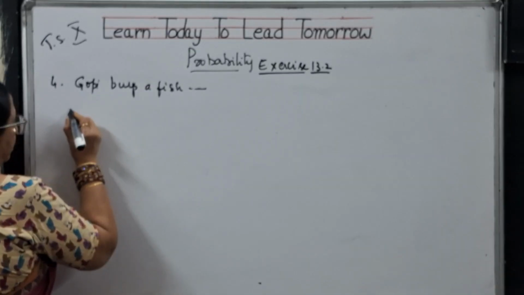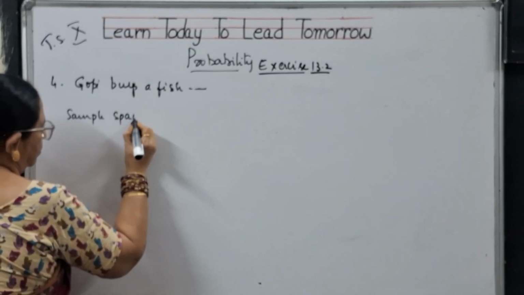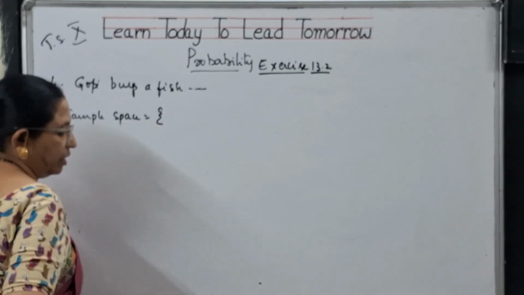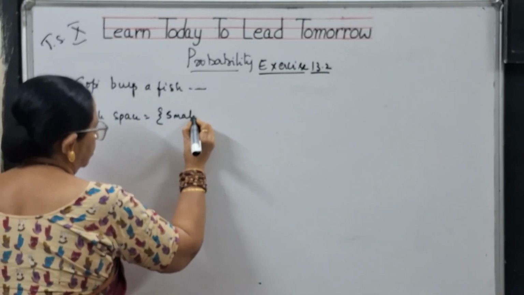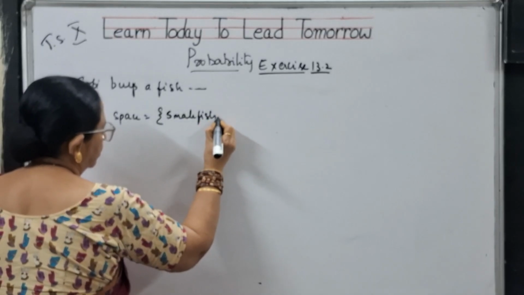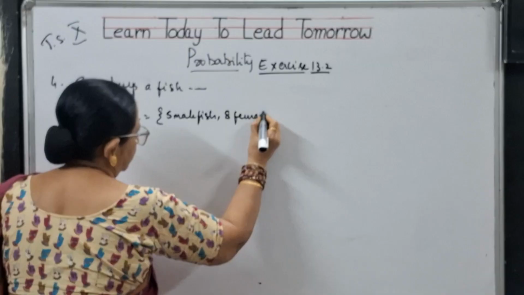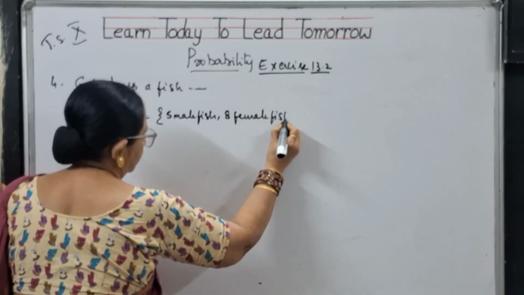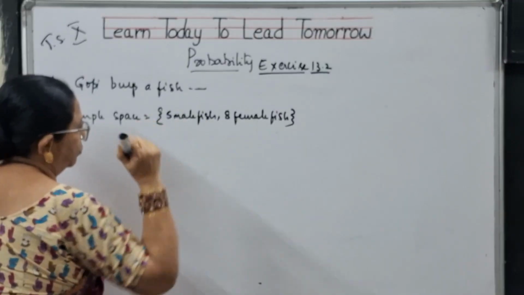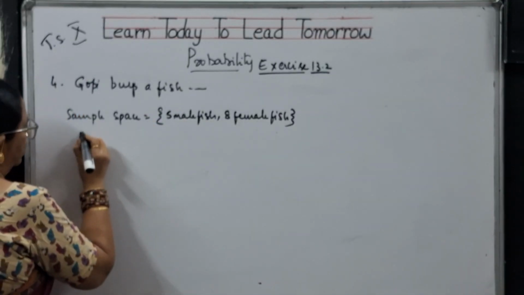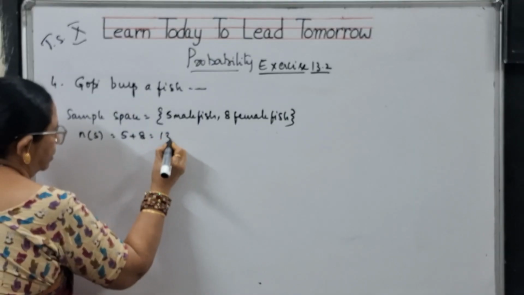So here sample space is the tank contains 5 male fish and 8 female fish. So in a tank, 5 male fish are there, 8 female fish are there. So what is n of S? 5 plus 8, that is 13.